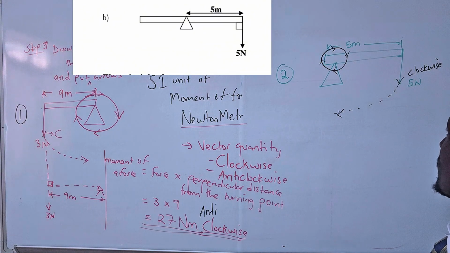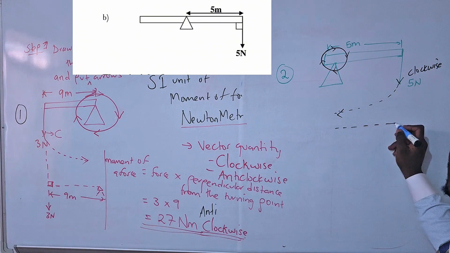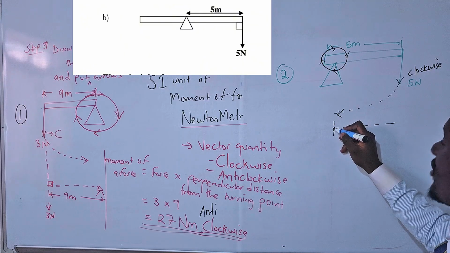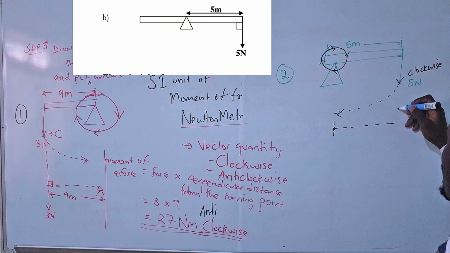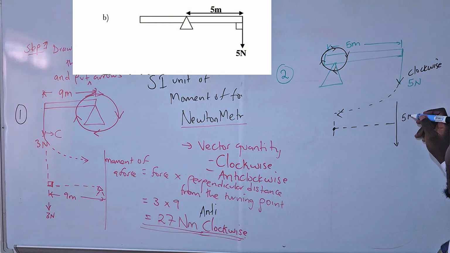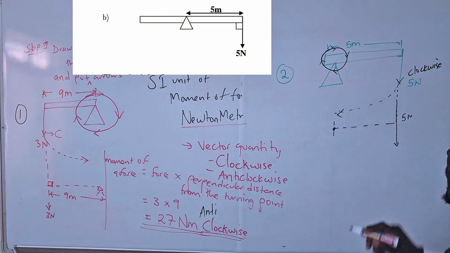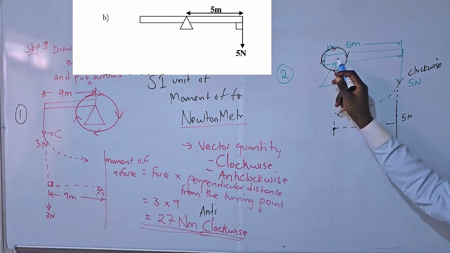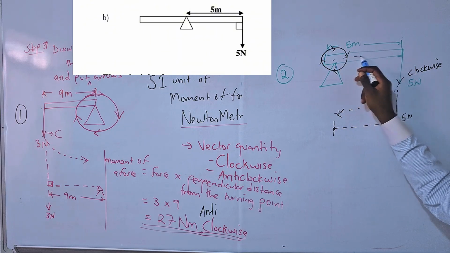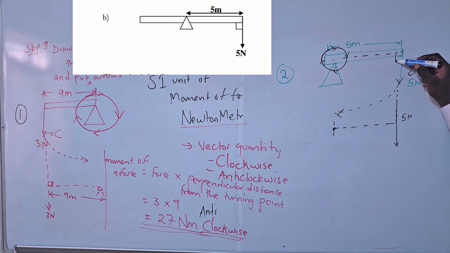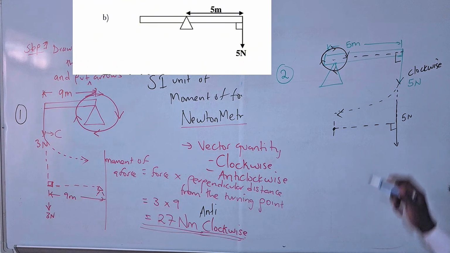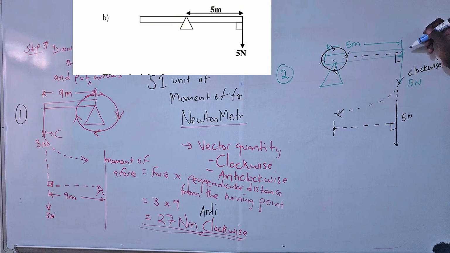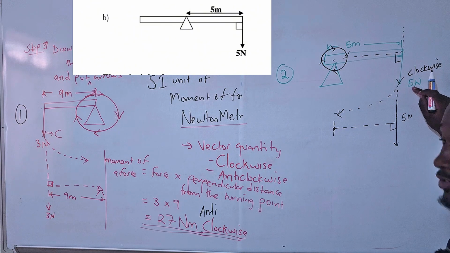Now, if you notice clearly, this is our turning point here, the pivot. This is our force. This is its line of action. So if you notice here, the distance from here to here is meeting the line of action of the force at 90 degrees. So it implies that this is the perpendicular distance from the line of action of this force.